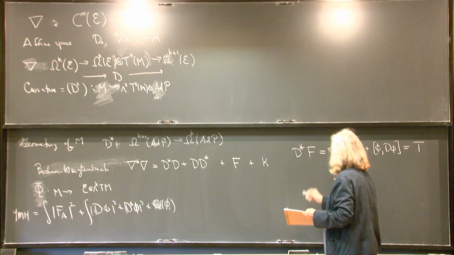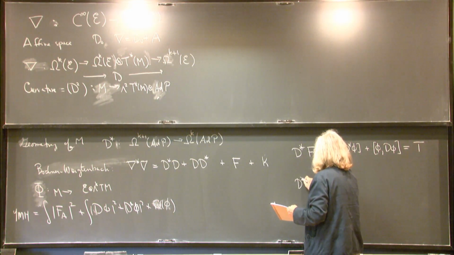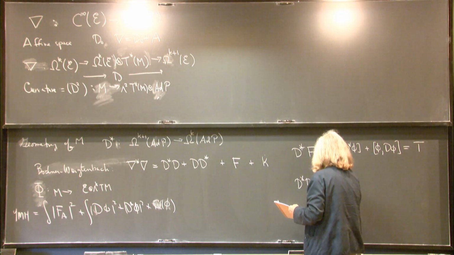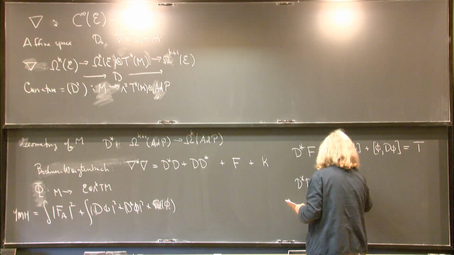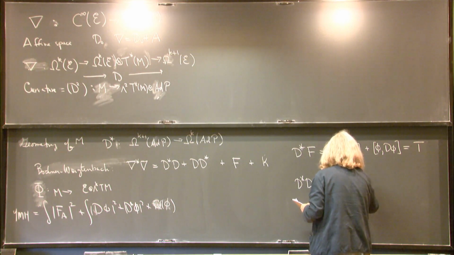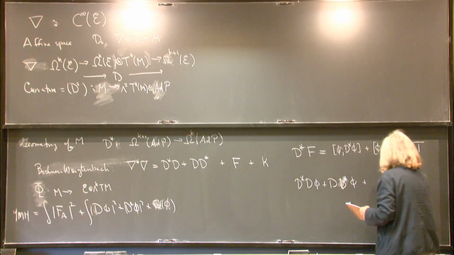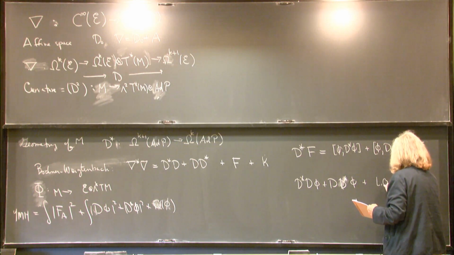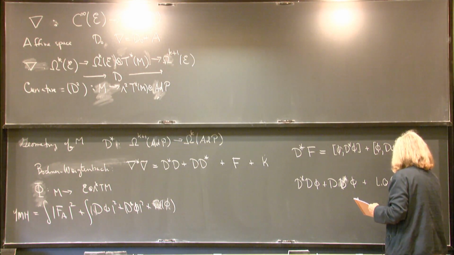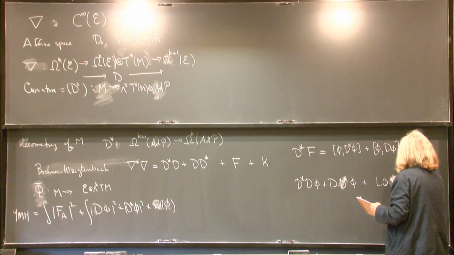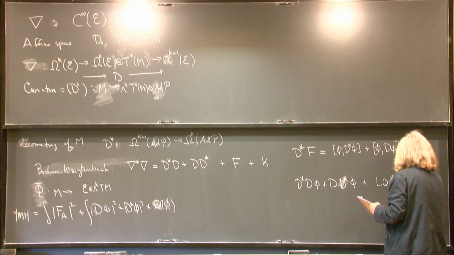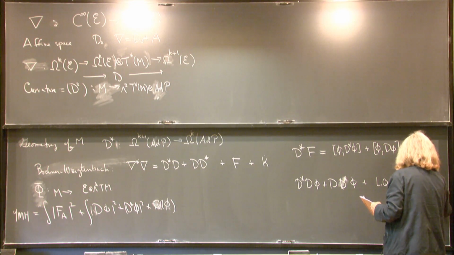And the equations you would get on the phi field are d star d phi plus d star d star phi plus, and now we have a lower order term, Q plus some Q prime of phi, equals 0.